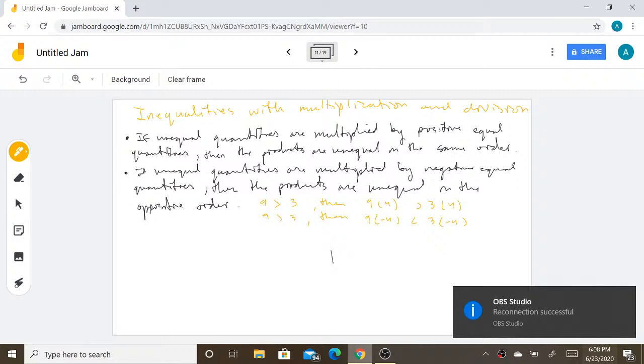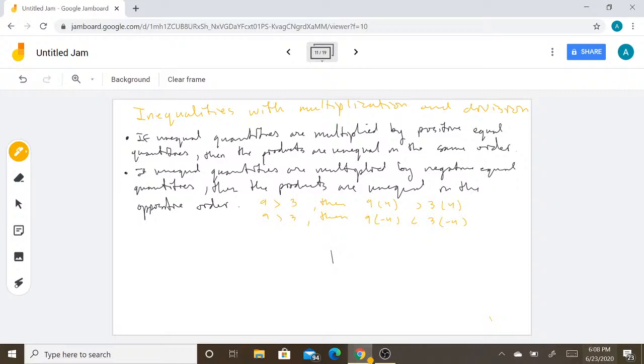I think my connection got cut off, but as I was saying, if we multiply both sides of the inequality by a negative number, so say negative 4, then the sign changes from a greater than sign to a less than sign. So they're unequal in the opposite order.